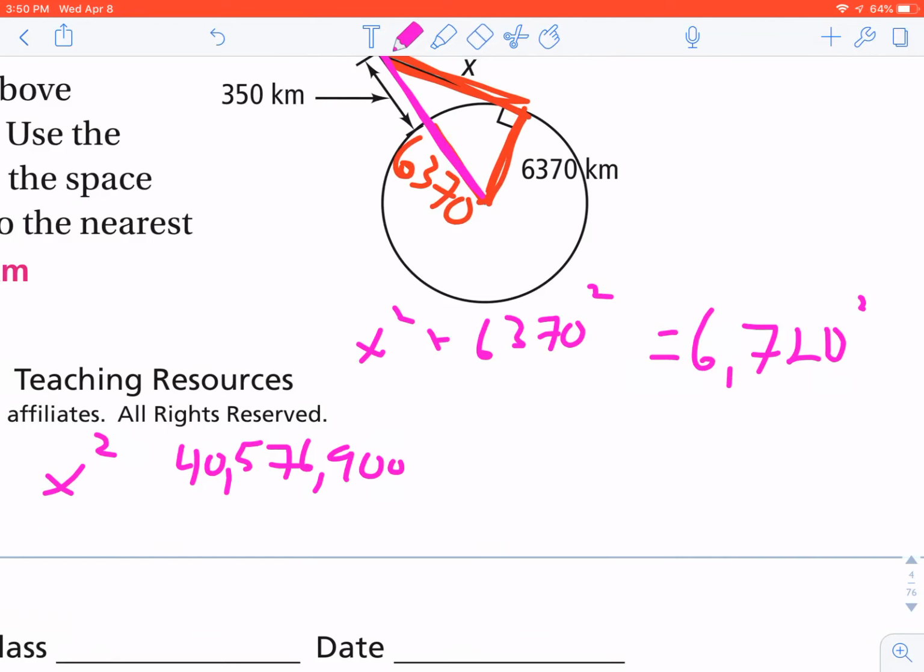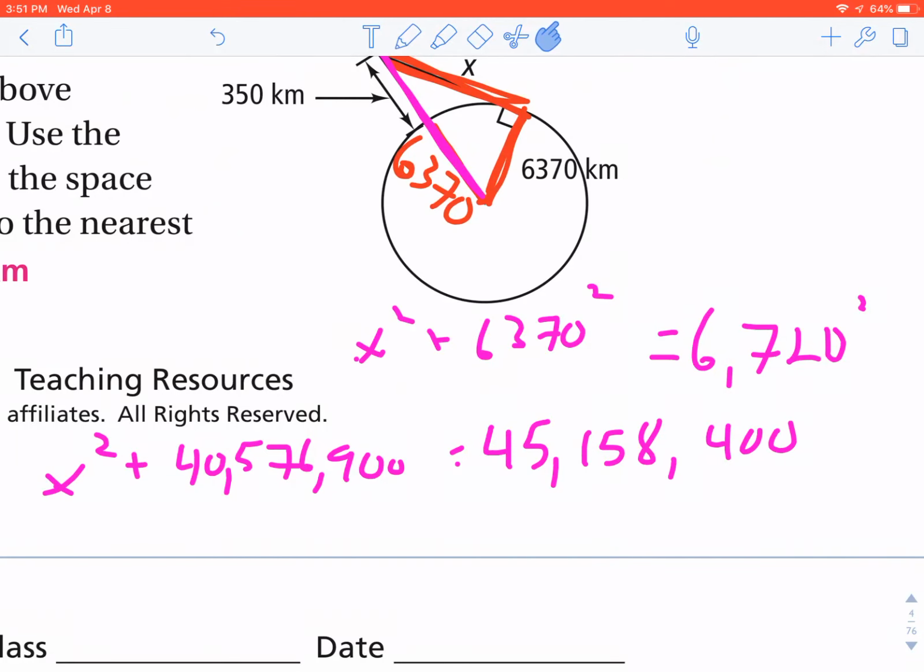Should be a plus sign. So x squared plus 40,576,900 is equal to 45,158,400.